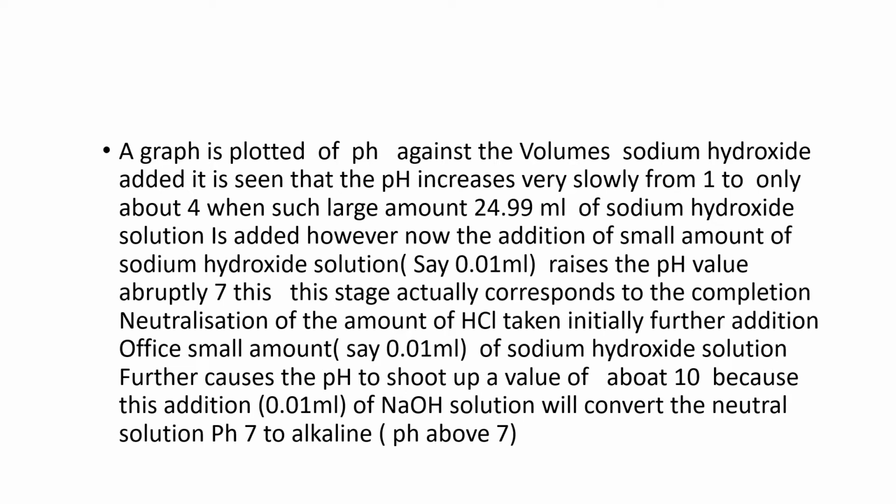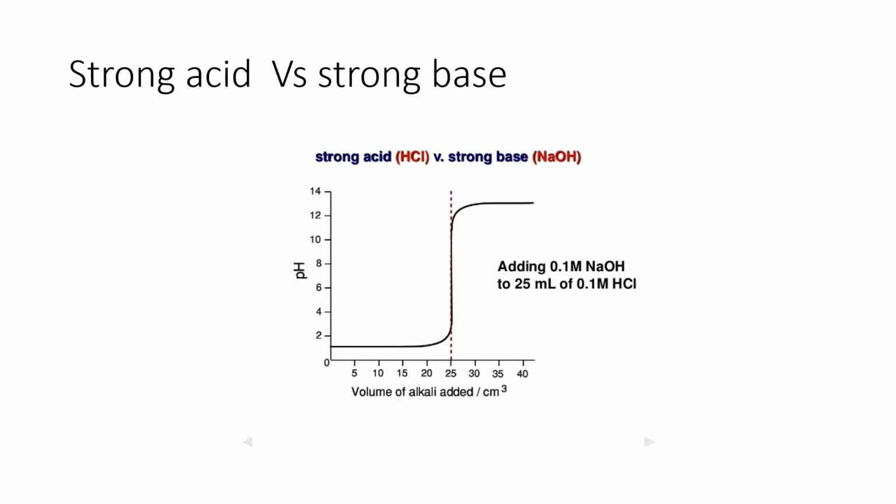Further addition of a small amount, that is 0.01 ml of sodium hydroxide solution, causes the pH to shoot up to a value of about 10, because this addition of sodium hydroxide solution converts the neutral solution of pH 7 to an alkaline pH value above 7.